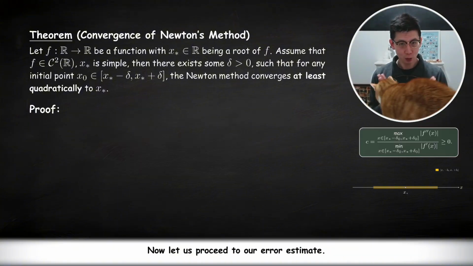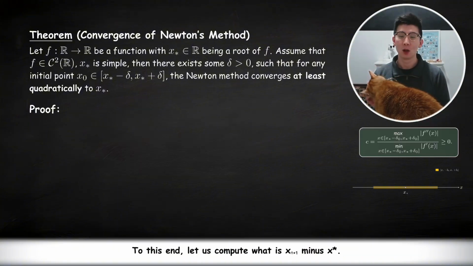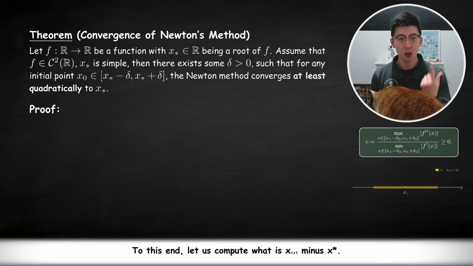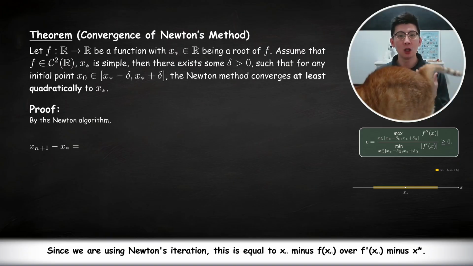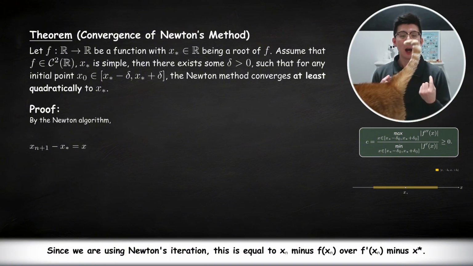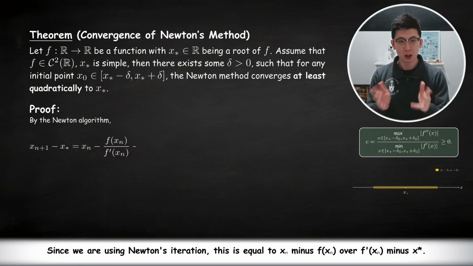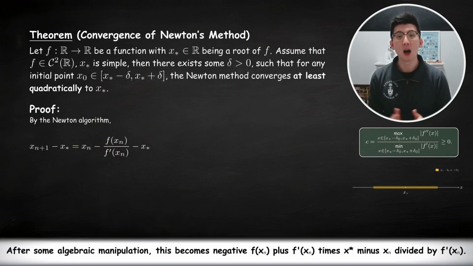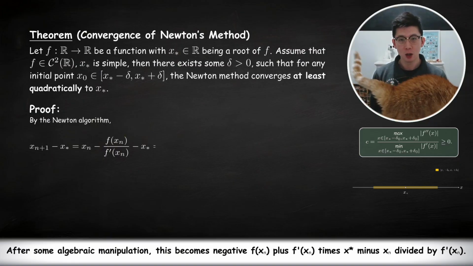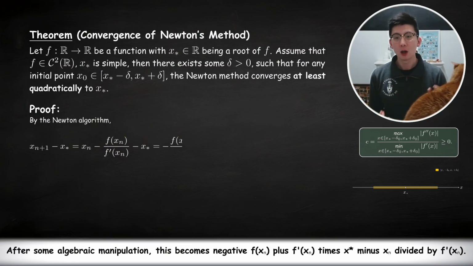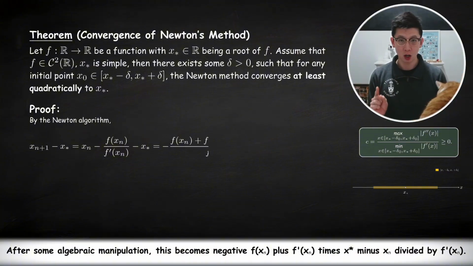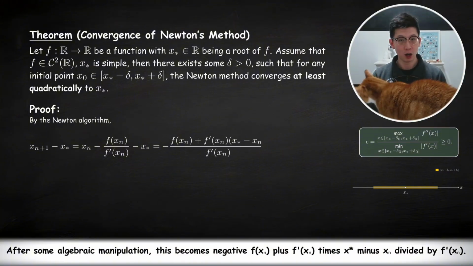Now, let us proceed to our error estimate. To this end, let us compute what x_{n+1} minus x star is. Since we're using Newton iteration, this is equal to x_n minus f(x_n) over f prime of x_n, minus x star. After some algebraic manipulation, this becomes negative f(x_n) plus f prime of x_n times x star minus x_n, divided by f prime of x_n.